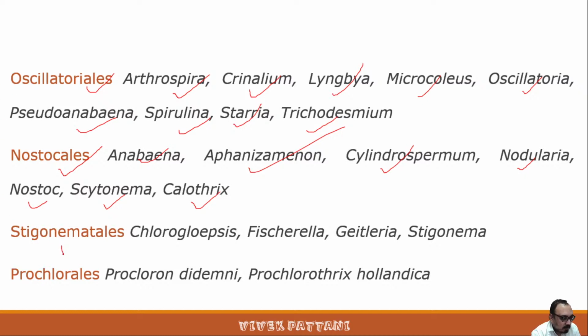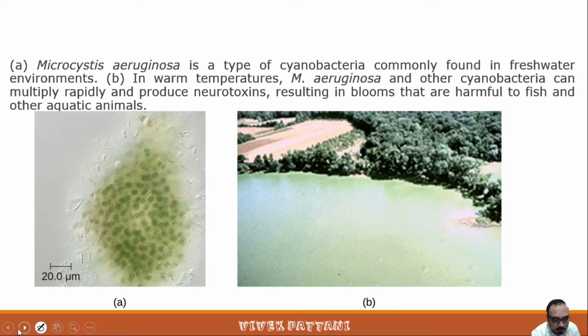The next one is the Stigonematales family, which includes Chlorogloeopsis, Fischerella, Geitleria and Stigonema. The next one is Prochlorales, Prochloron didemni and Prochlorothrix hollandica. I have also included some photographs for your study.